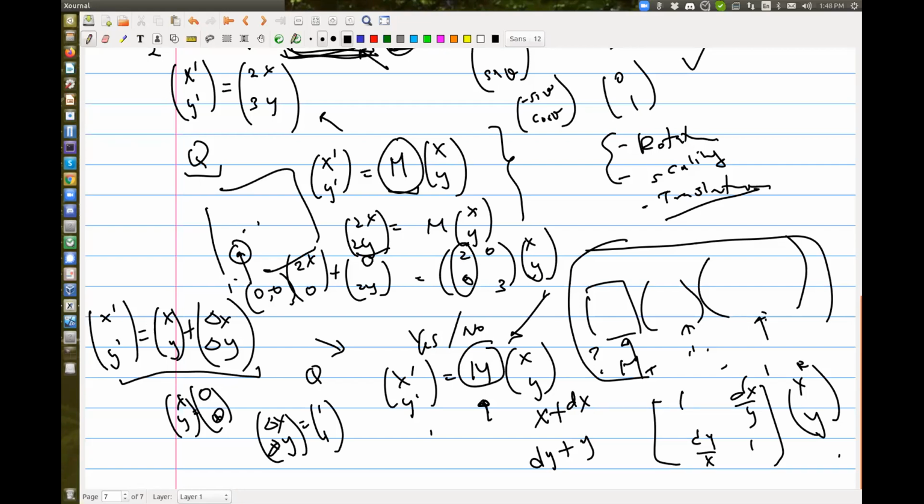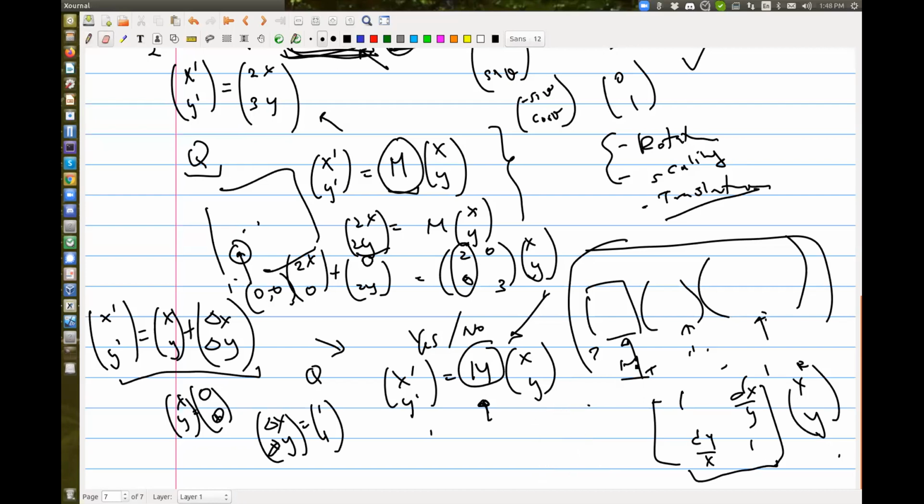The diagonal elements are 1, 1, which is okay, but the off-diagonal elements must be delta x times d over dx, and the lower right corner must be delta y d over dy. Oh, okay. Yeah, I'm sorry about that.